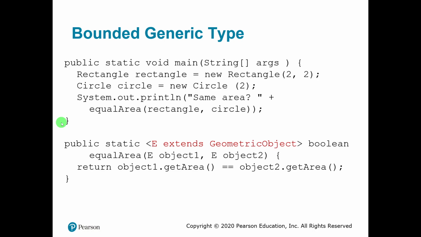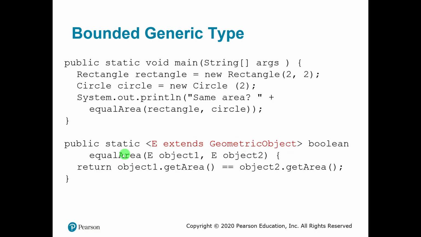And the last thing I want to show you is an example of using a generic type in a method, because in the examples that we did, we used a generic type for a class. You can also use those for a method. So here we have a generic method, and notice it's public, it's static because we're just doing it in our driver class. The return type is Boolean, but before that we put a type diamond and we say, hey, this method requires a type that extends geometric object.